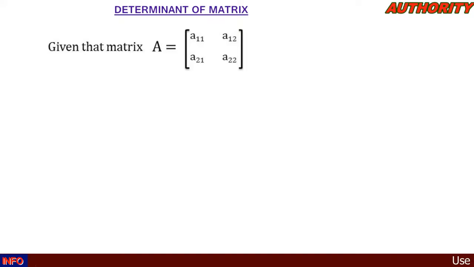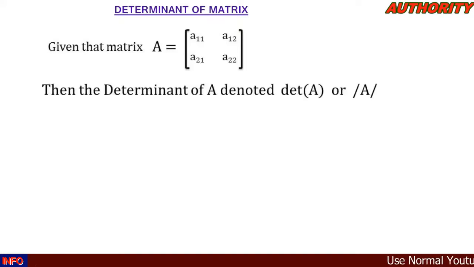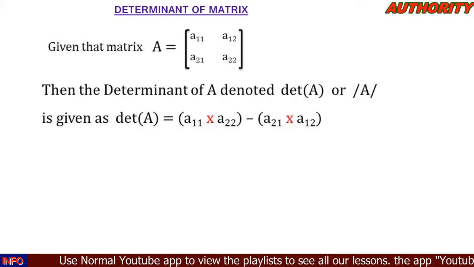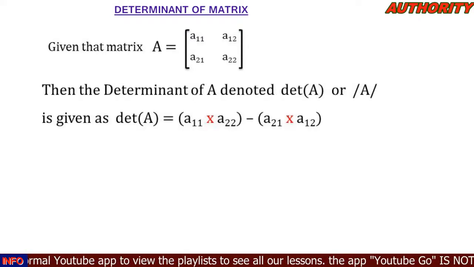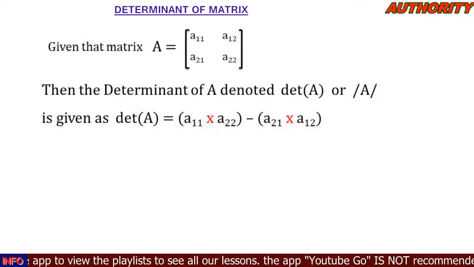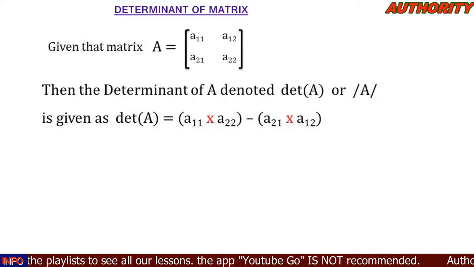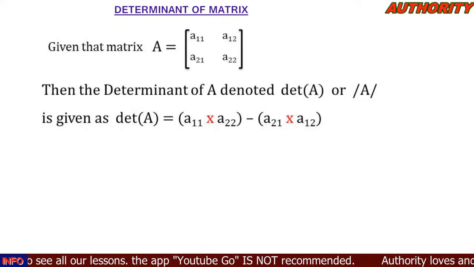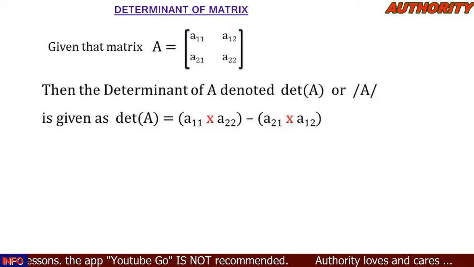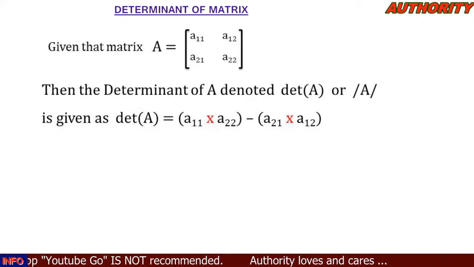Now we say that the determinant of this matrix A, denoted as det A, is given as the elements in the main diagonal multiplied, minus the elements in the other diagonal multiplied.